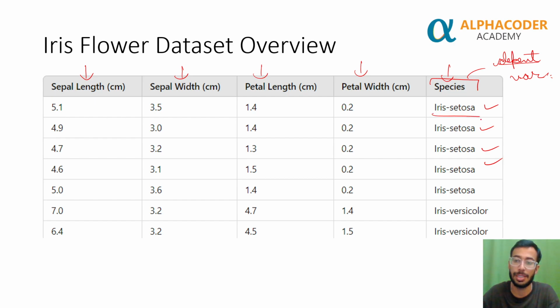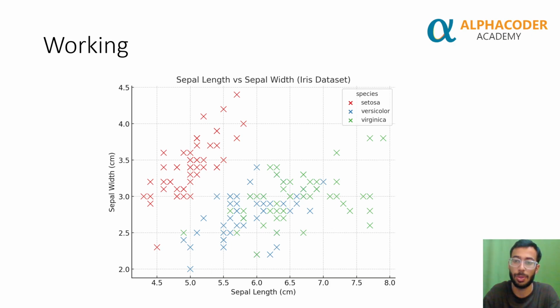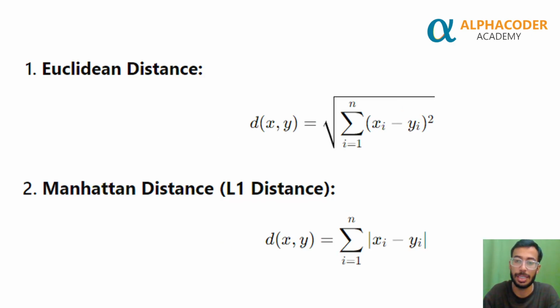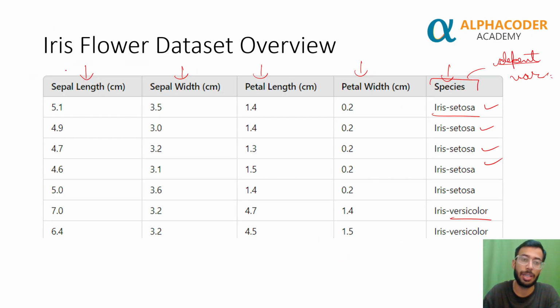So iris setosa is one class, versicolor is another class, and there is another class, virginica. So these are the 3 classes, and we try to identify each flower species based on their values in these 4 attributes, these 4 independent variables.